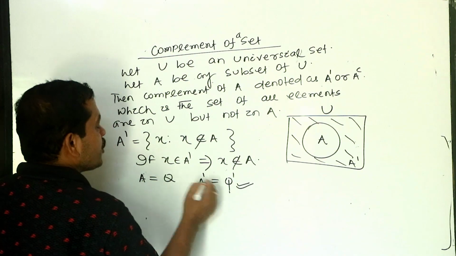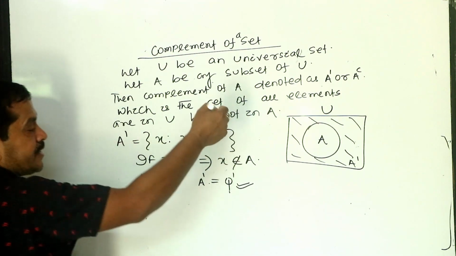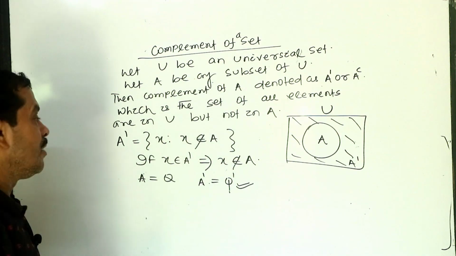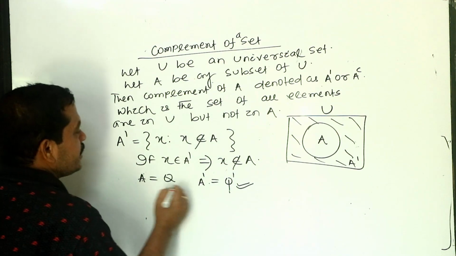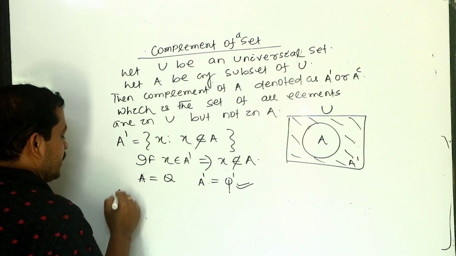And the union of both sets is the universal set, the set of real numbers. That is the complement of sets.